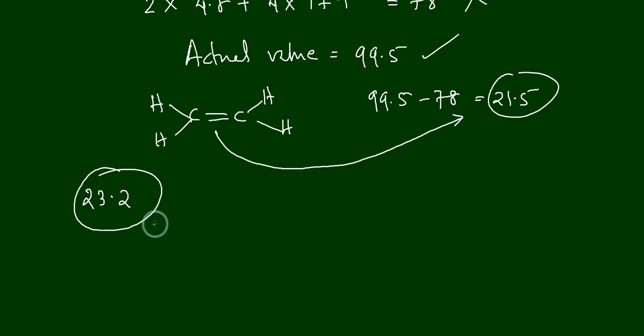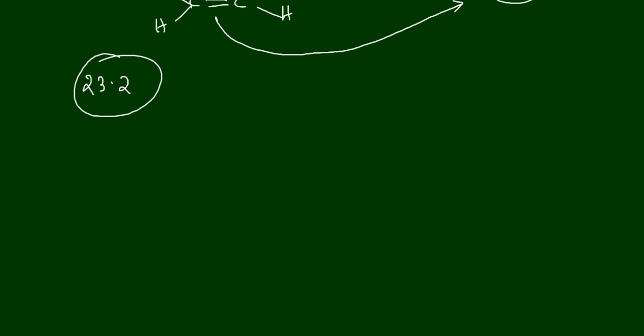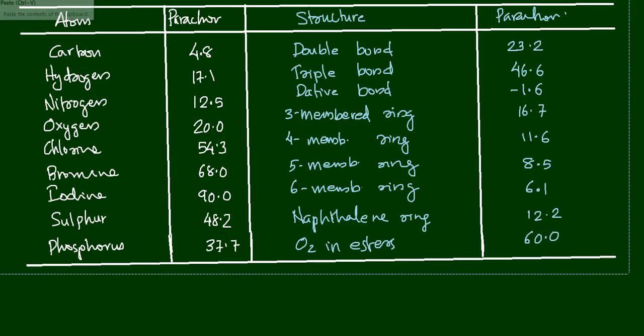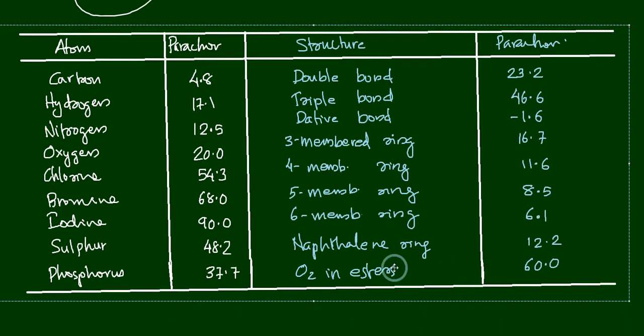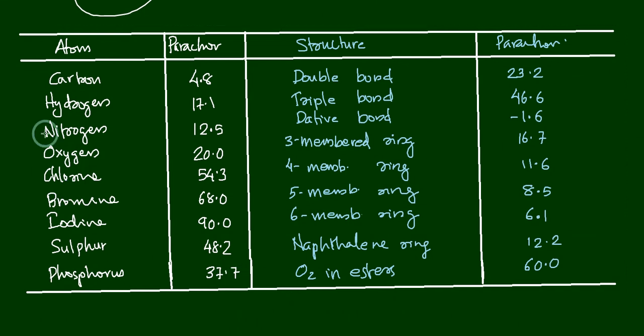Now you know about the atomic Parachor and the structural Parachor. Now we have a table which lists all the atomic and structural Parachors, and I am going to put that table here. I have given many atomic and structural Parachors in this table. You can see carbon, hydrogen, nitrogen, oxygen, chlorine, bromine, iodine, sulfur, phosphorus, and the corresponding atomic Parachors here.